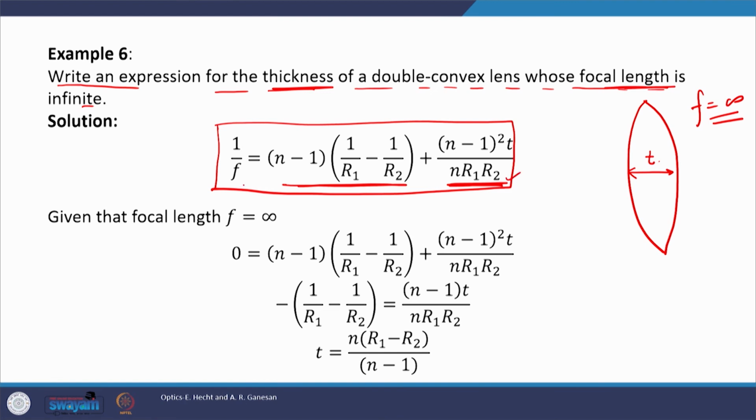Now, as given, f is equal to infinity, and therefore we will replace the left hand side of this expression by 0, because f is in the denominator, and then we will write the right hand side as it is. After a bit of simplification we get the expression for the thickness, which is nothing but n(r1 minus r2) upon (n minus 1). This is the expression for a double convex thick lens whose focal length is infinite.